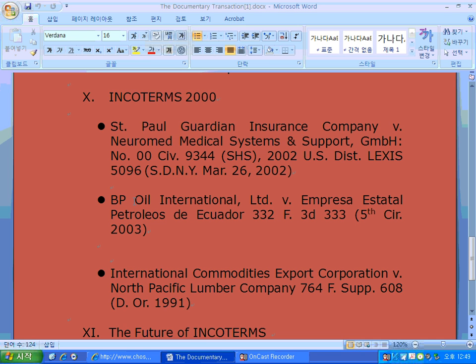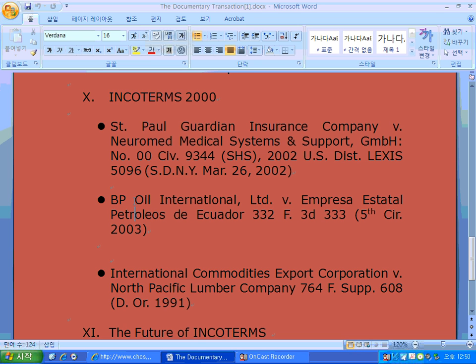So the terms of the contract do not modify the CF clause in the contract such that the risk of loss remains with Neuroman. Thus, because Neuroman's risk of loss or damage to the MRI machine under the contract has shifted upon delivery of the machine to the carrier at the port of shipment.